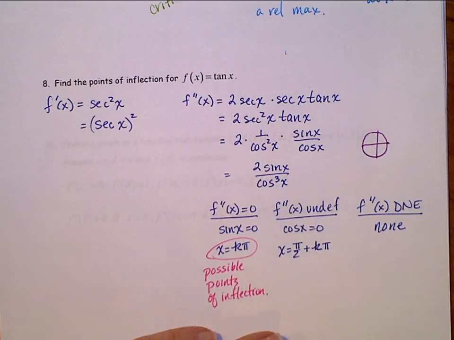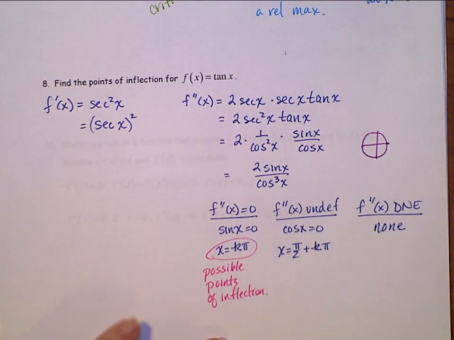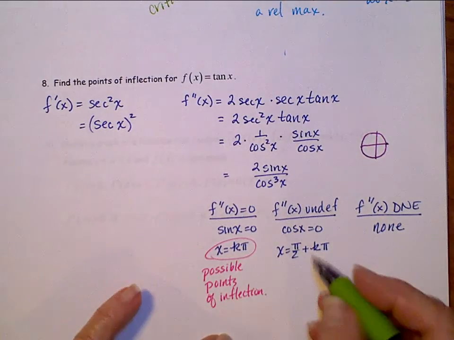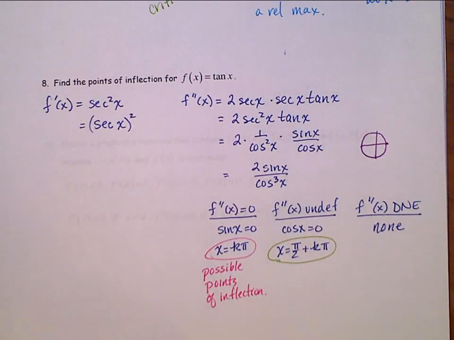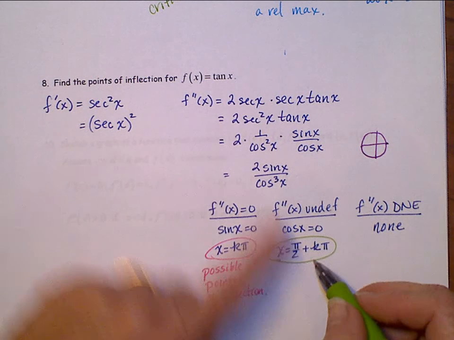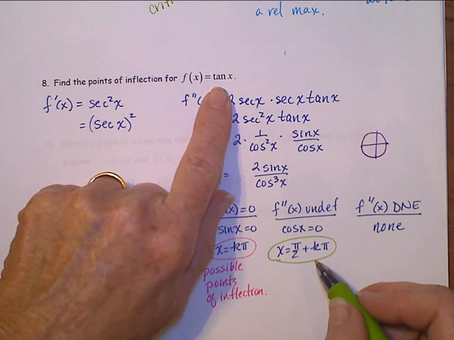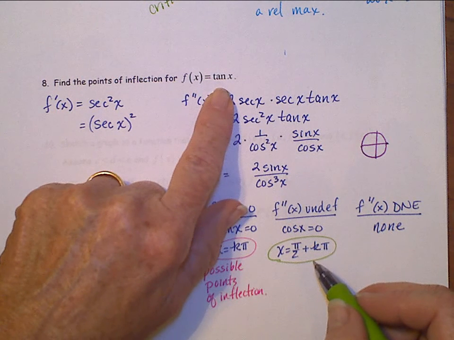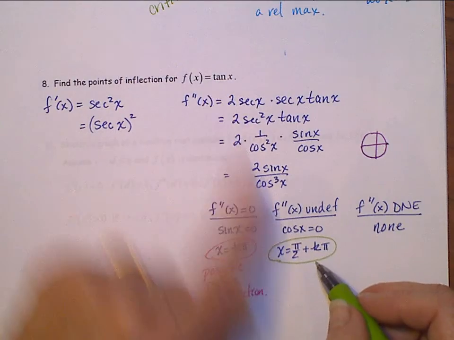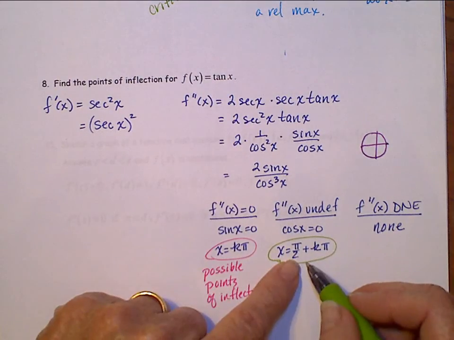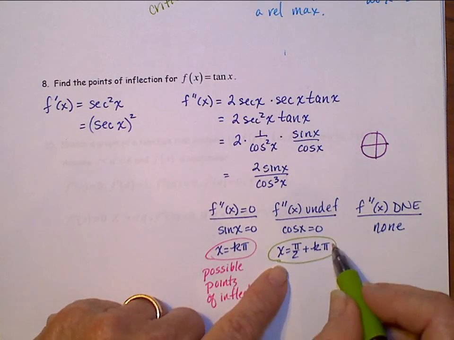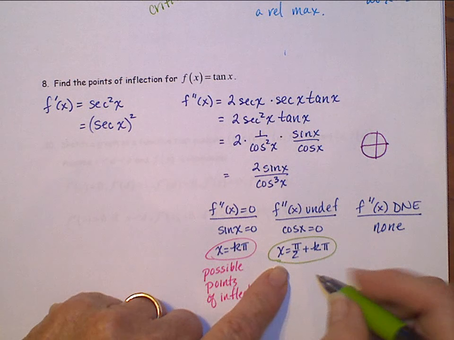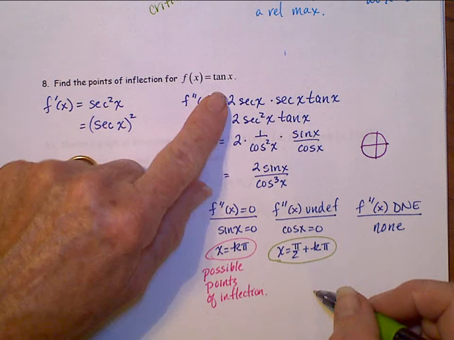k pi. All right, now these look like possible points of inflection, but they are really not. These are not points of inflection because these values are not defined in the original function. Tangent is undefined at pi over 2, 3 pi over 2, 5 pi over 2, etc. So while these are where the second derivative is undefined, they are not possible points of inflection because they are not in the domain of f of x.